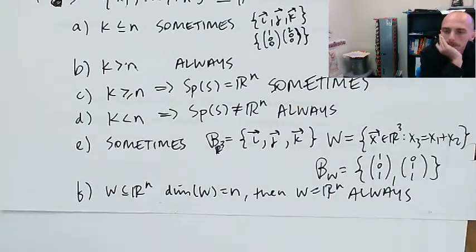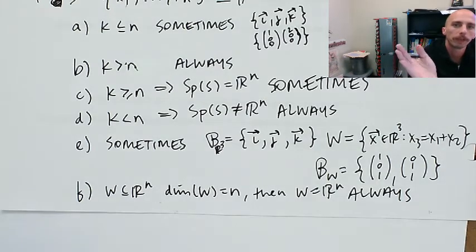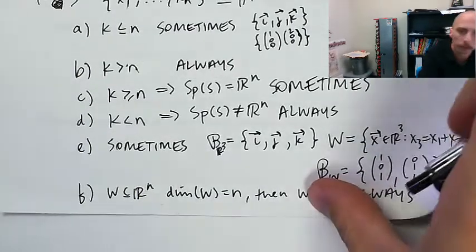Okay, because it's basically equivalent to saying there are no three-dimensional subspaces of R3 besides R3, right? You can't have a three-dimensional subspace of R3. It's going to be all of R3 or not dimension 3. Okay? So I think that's all I've got to say about that one.